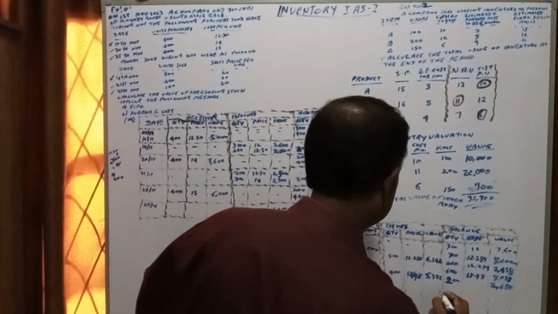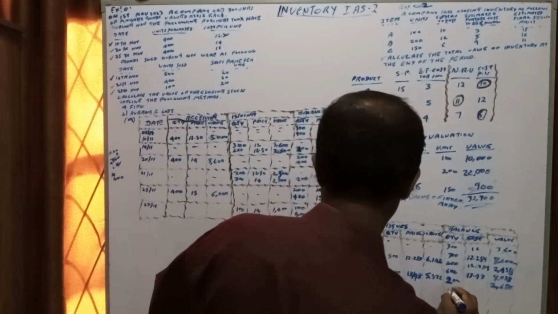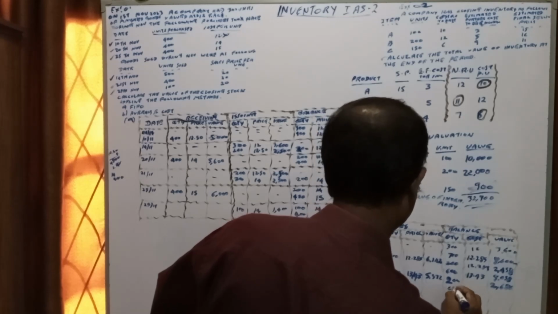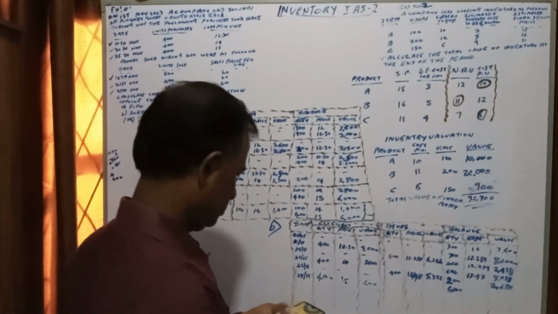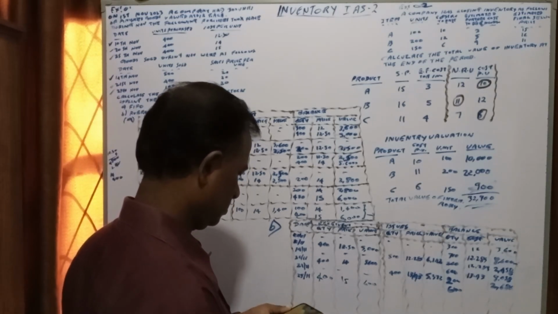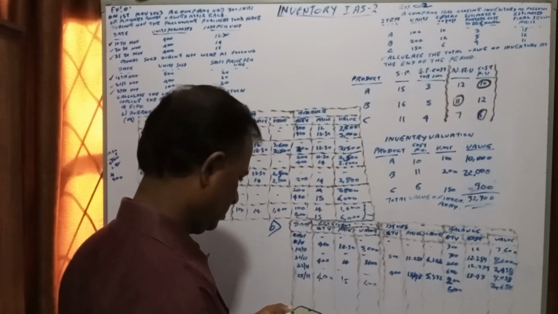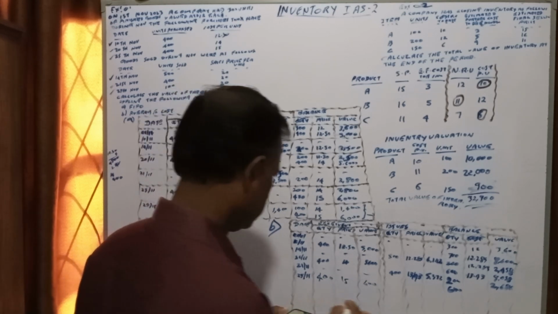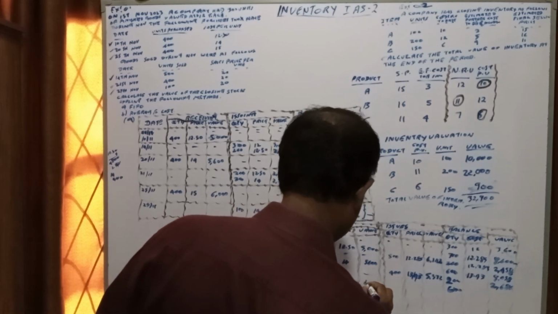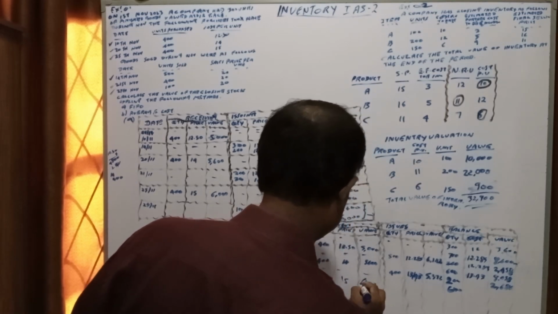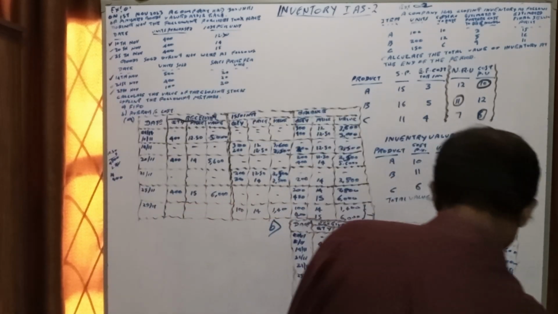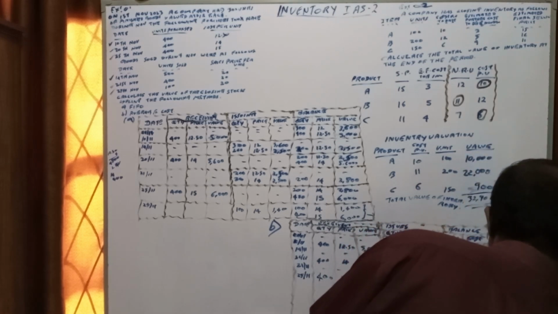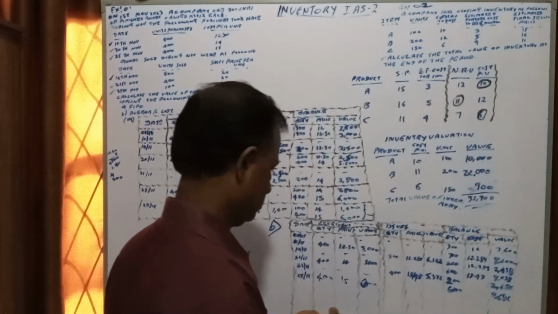So the balance is increasing, 200 and 400, 600 units. 2,686 plus 6,000 is 8,686.